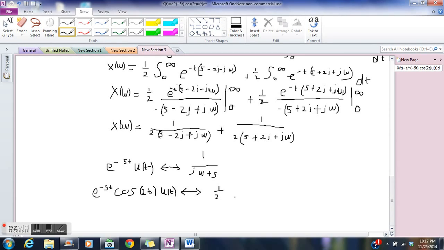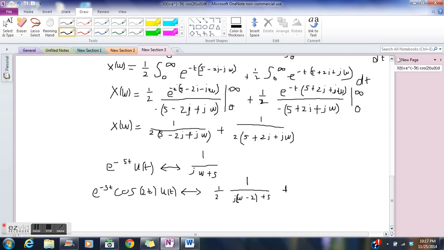So what we're going to do is, because we have that e to the minus 5t u of t, and it gave us something, all the u of t really does is shift stuff. So we're going to plug in our cosine stuff, which is our omega plus 2. What the cosine does is it makes two things. So you'll have j omega minus 2 and omega plus 2.